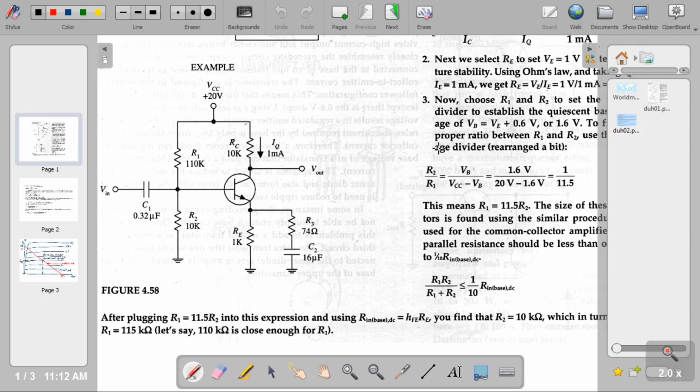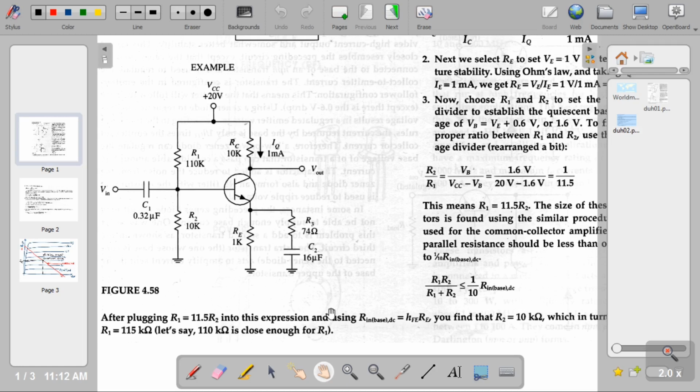Okay, so I'm back in the book. And okay, so this is R1 in parallel with R2 must be less than 1/10 of R in base DC, and R in base DC is HFE, which is the beta, times RE, which is exactly what we derived previously.